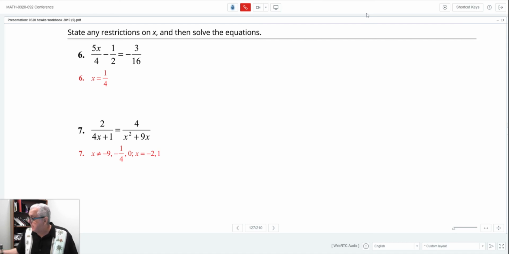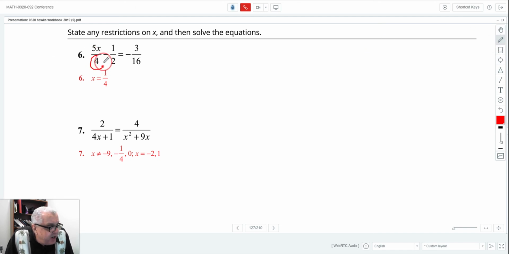So we're going to state the restrictions first. Remember, restrictions for rational equations, the bottom cannot equal 0. Well, look at the bottom of these. Are there any x's? No, the bottom can never equal 0 here because there's a 4 there, there's a 2 here and there's a 16.